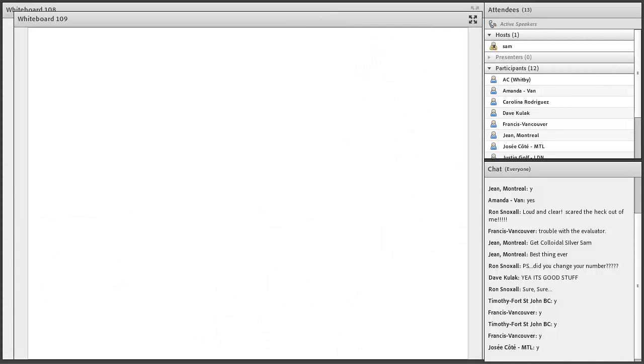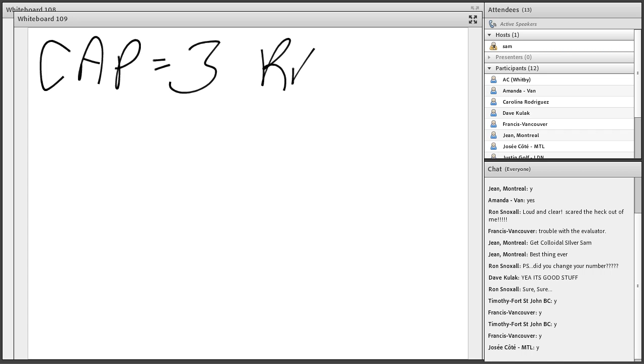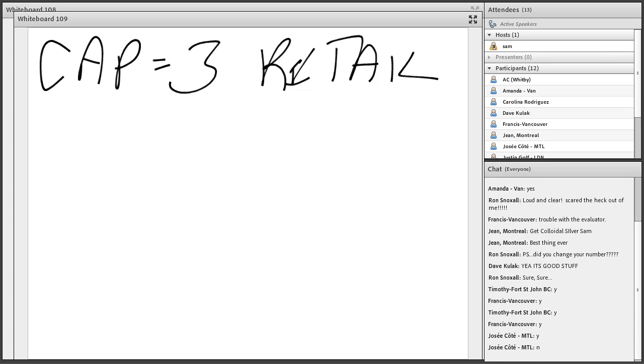So when we look at a cap rate of 3, that would be retail. Does everybody understand that? The cap rate of 3 is going to be retail.